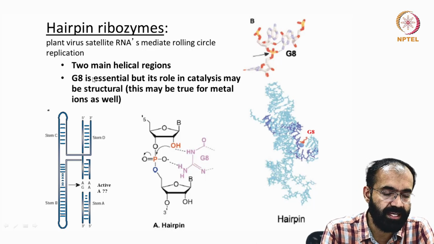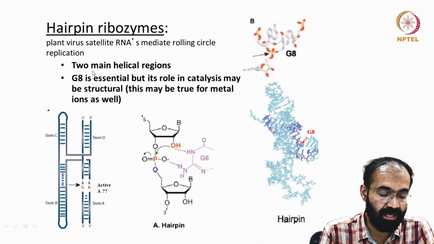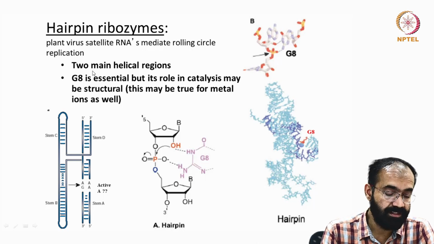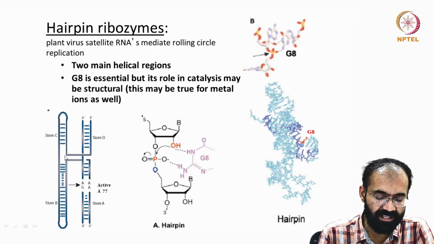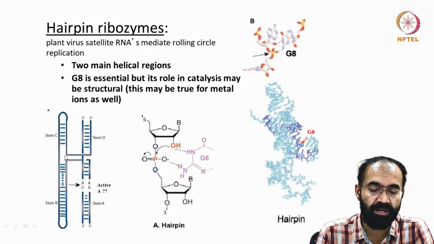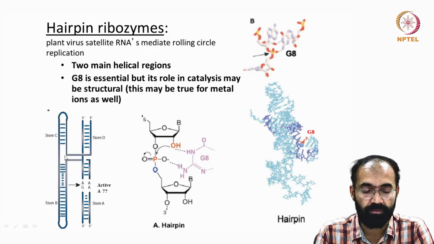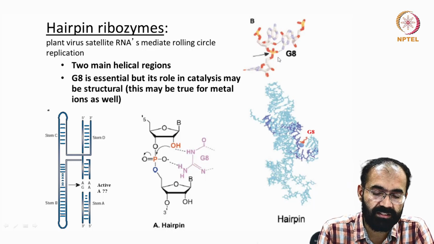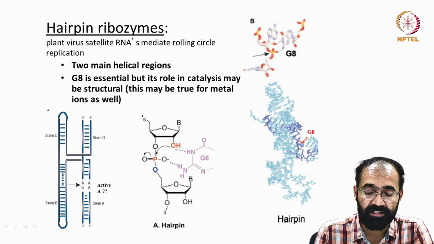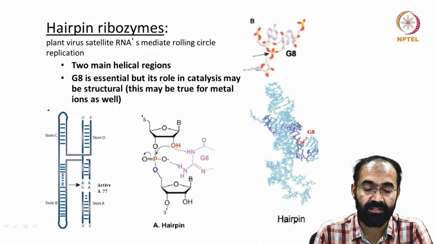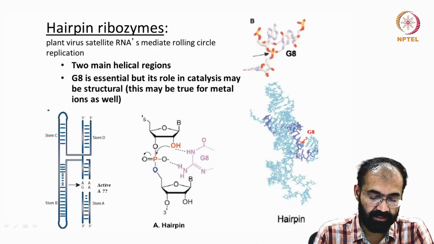In the same way, G8 in the hairpin ribozyme stabilizes the various stems, like you can see stem A, stem B, stem C, and stem D. Some specific bases give structural stability to the ribozyme. Like you can see here the region called G8, which allows the hairpin to be stabilized in such a way that the ribozyme is able to perform its task.